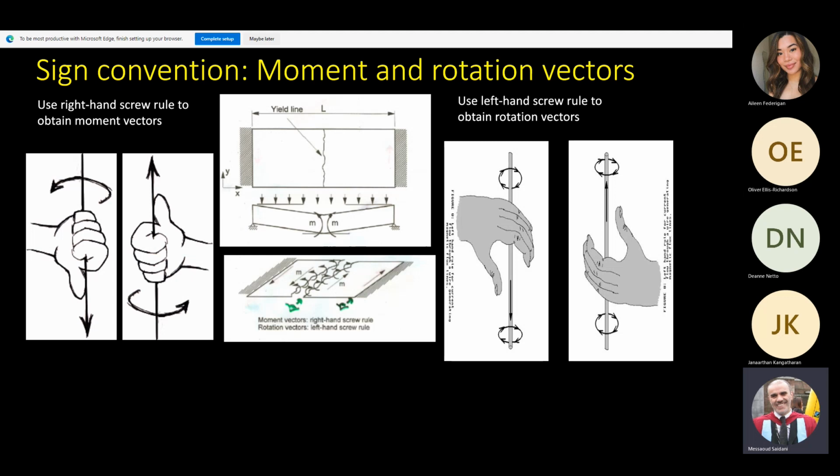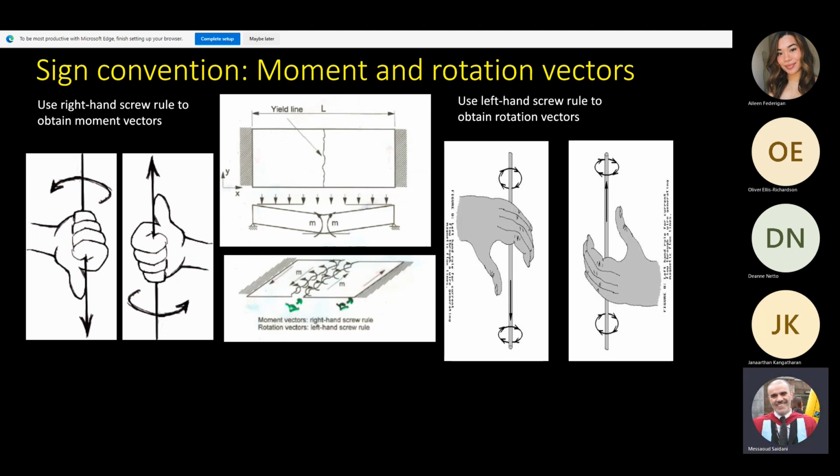Yeah, along the length. Whereas with slabs, you have two dimensions, in the X and Y directions. Because of that, we have moments and rotations in two directions, right? So working in two directions can be complicated.